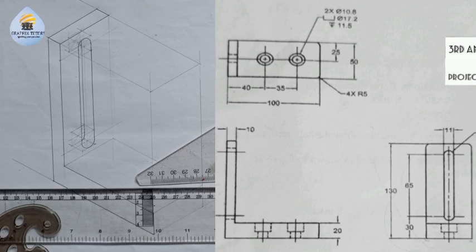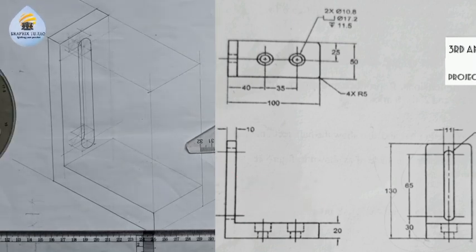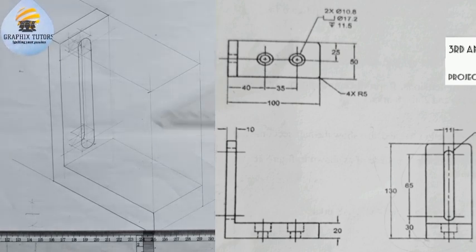Now the next thing we're going to do is to draw the circle here. As you can see in the question, we're going to draw the circle here. So I can easily close it up.